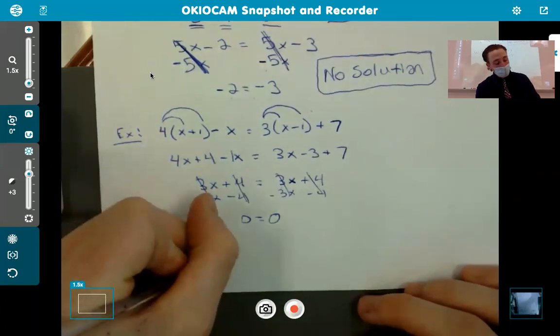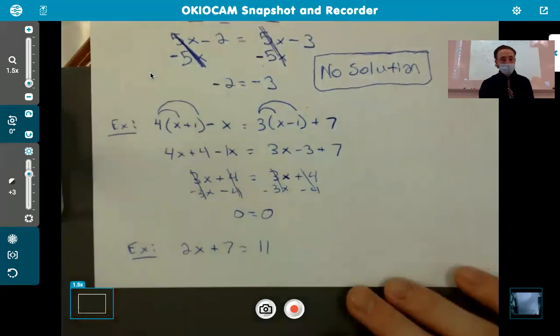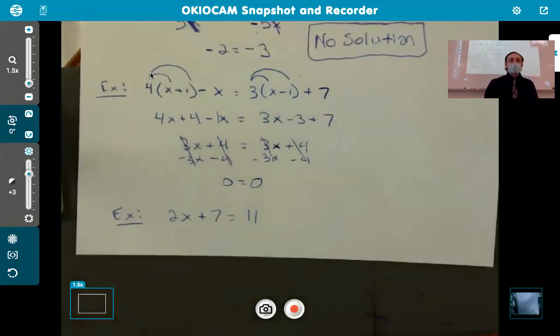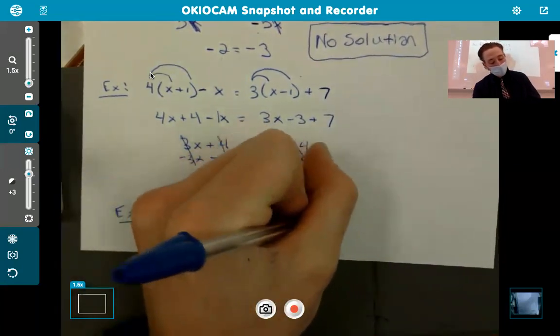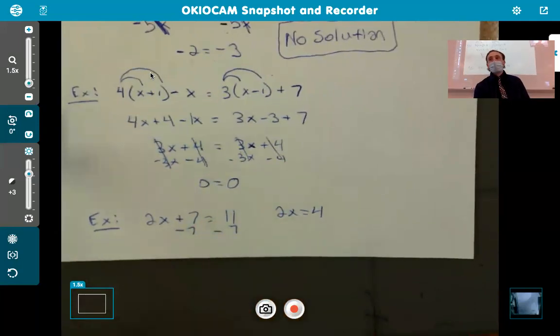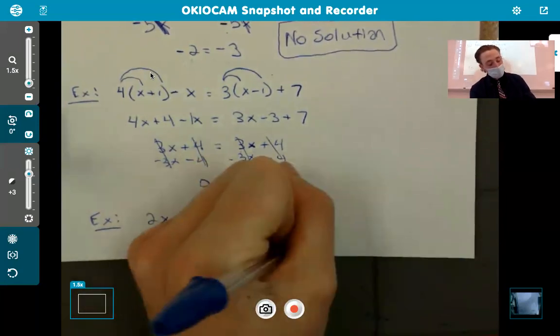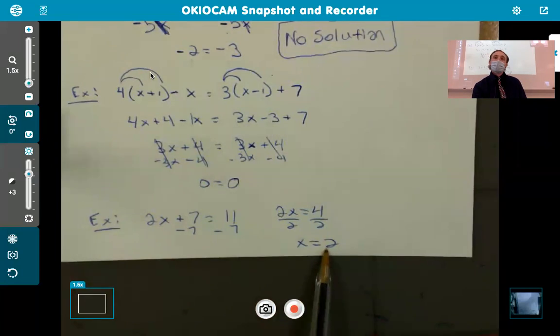So I had 2x plus 7 is equal to 11, right? If I have an equation that looks like that, what do I have to do on both sides to get my variable by itself? Subtract 7. So I have 2x equals 4, right? And then how do I get x entirely by itself? Divide by 2. So I get x is equal to 2. Well, then what kind of solution type is this if I end up with just one number?